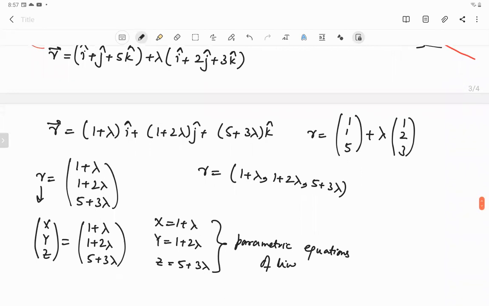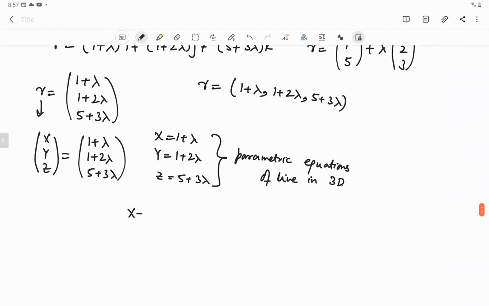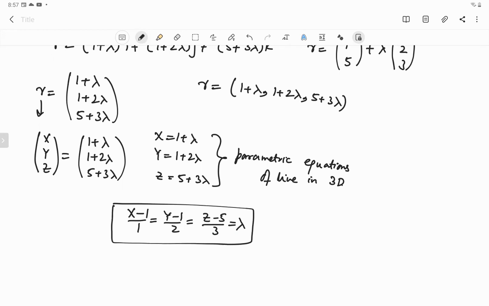And if we make lambda the subject and equate all the lambdas of the 3 equations, we obtain the Cartesian equation of a line in 3D. But this was just a summary of your knowledge of P3.